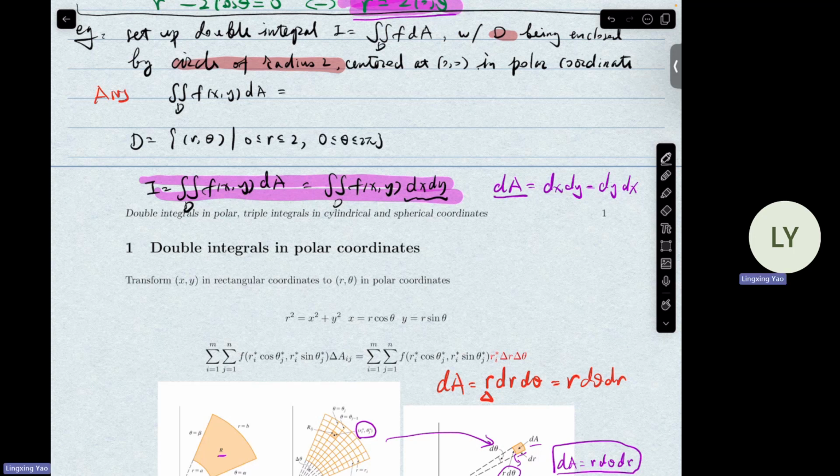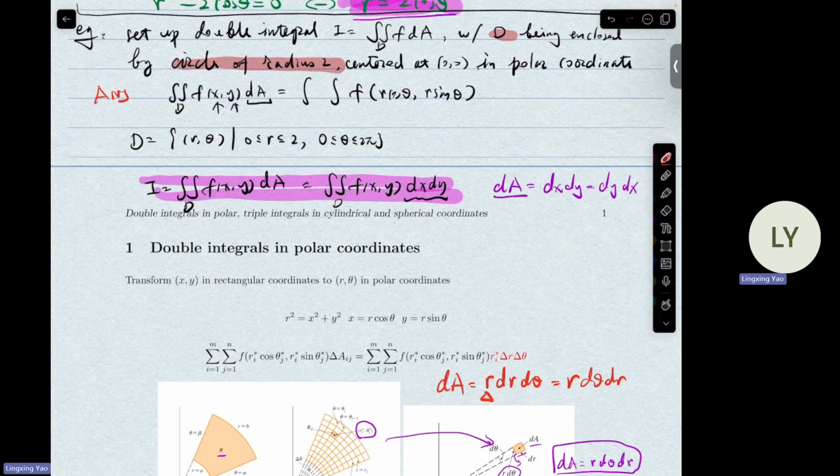All right, so now we know x has to be replaced by r times cosine theta, and y has to be replaced by r times sine theta. And the trick is, what is dA becoming?